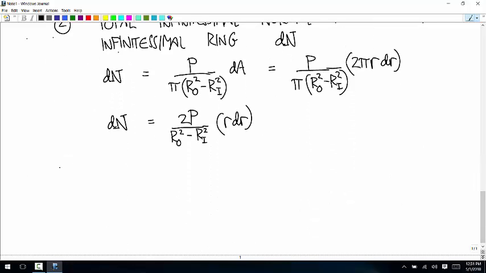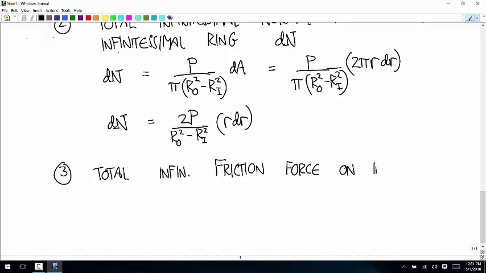So the total infinitesimal friction force on the infinitesimal ring. Well, this is an infinitesimal ring, so it's an infinitesimal force.